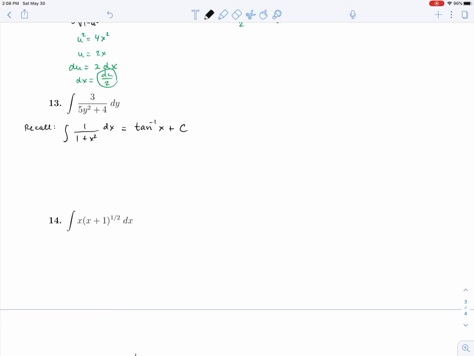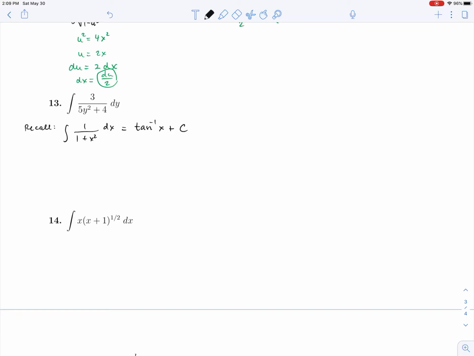And what may seem obvious is to just let this denominator be your u. But then when you take du/dy, you get 10y, and there's no 10y in the numerator here to absorb that. So you wouldn't be able to change everything over to u if you did that.